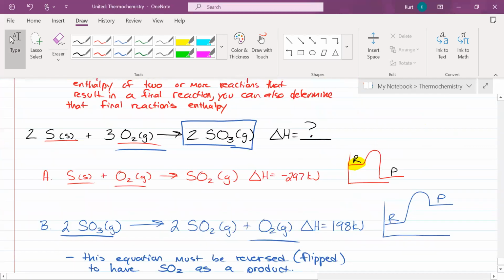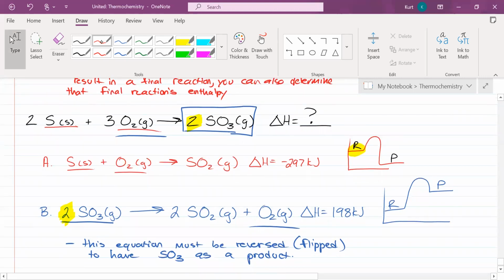But I want you to look at our main equation. How many total sulfurs are there in the main equation? 2. How many total O2s are there? What's the coefficient in front of O2? 3. And what is the coefficient of SO3? Okay, we have 2 here. That's great. Do we have 2 here? So that looks good.